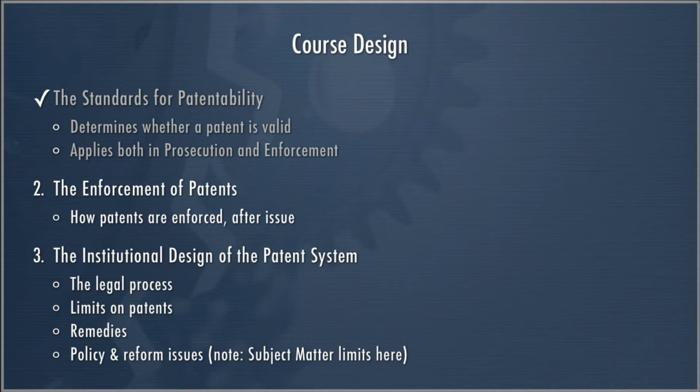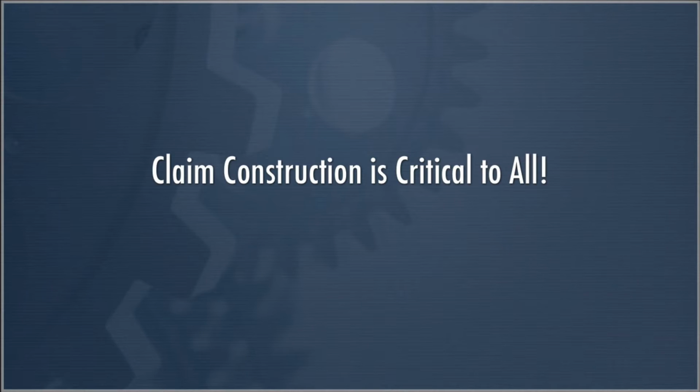Later on in the course, we're going to talk more about the institutional design of the system. But the important point I want to make at this point, and you probably already realize this from the course so far, is that claim construction is at the core of almost everything we do in the patent system.